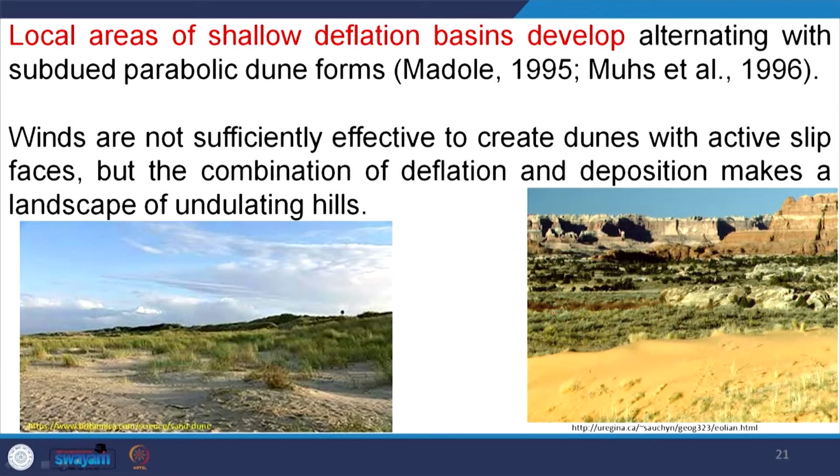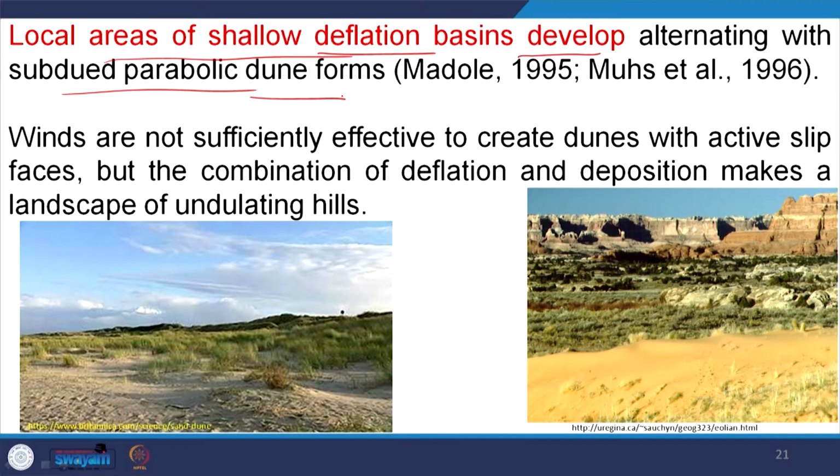That is why it is called an undulating fixed sand sheet. Local areas of shallow deflation basins develop alternating with subdued parabolic dune forms. When there is vegetation and blowout available, those areas are generally suitable for generation of parabolic dunes. Here the same conditions are satisfied. We have vegetation cover and sand, we allow the sand to blow, and we create blowout surfaces. That is why local shallow deflation basins develop alternating with subdued parabolic dunes.